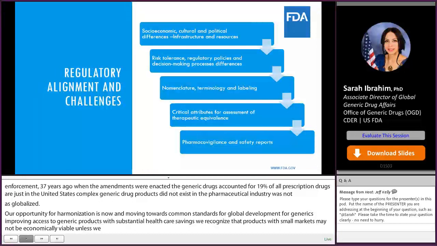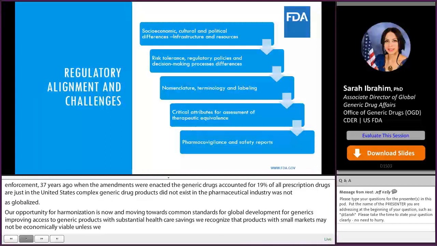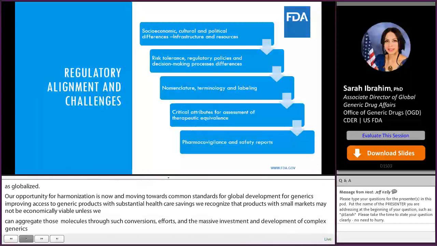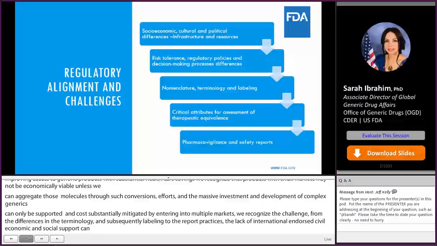We recognize the challenge from the differences in nomenclature, terminology, and subsequently labeling and reporting practices. The lack of internationally endorsed political, economic, and social support can be a hindrance. And even if a legal foundation is established, other impediments do occur, such as economic resistance, insufficient knowledge, capabilities, and resources for national regulatory authorities.